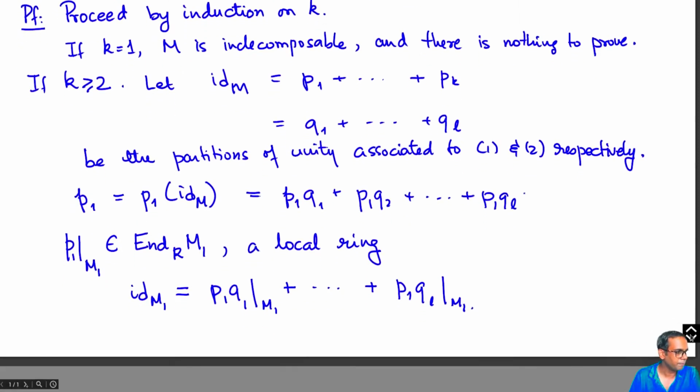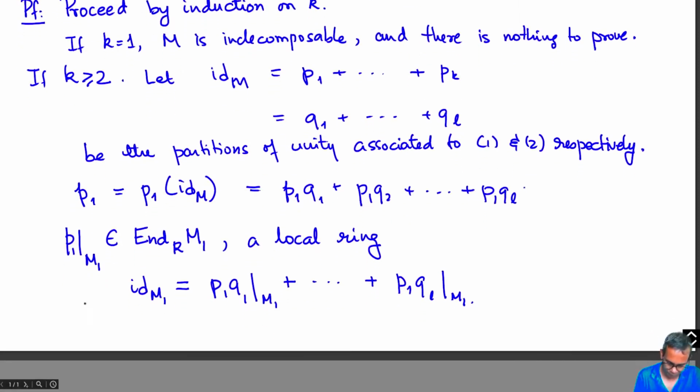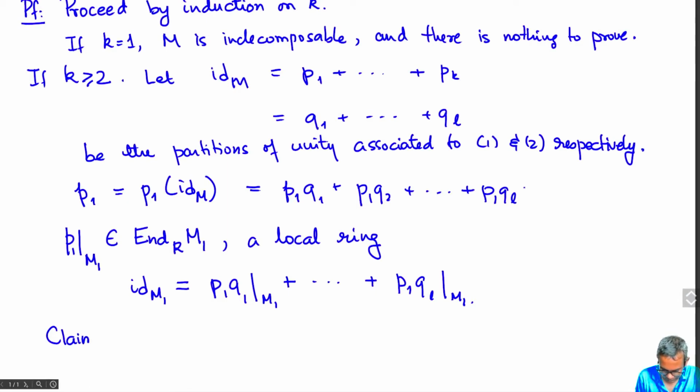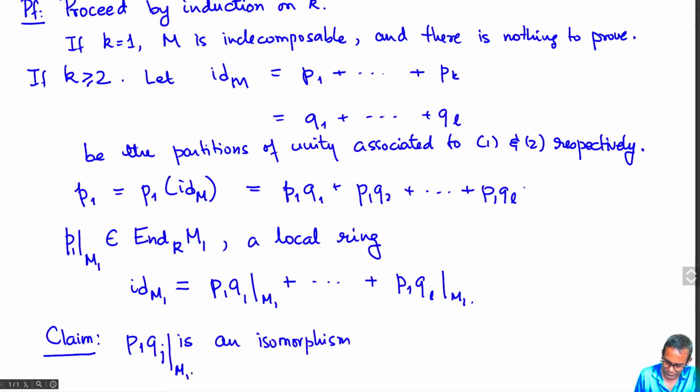Now I claim that P1QJ restricted to M1 is an isomorphism from M1 to M1 for at least one J. Why is that?